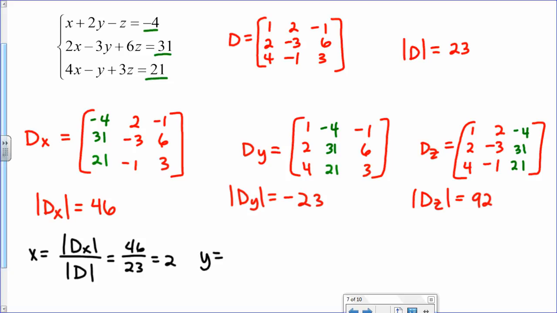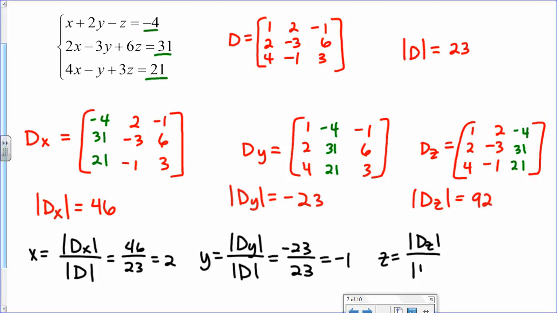And y is the determinant of Dy over the determinant of D. Negative 23 divided by 23 is negative 1. And then z is the determinant of Dz over the determinant of D. And that is 4.